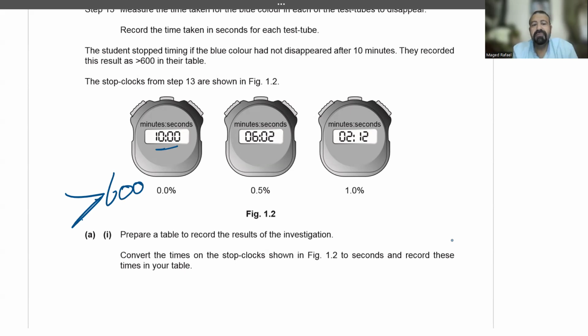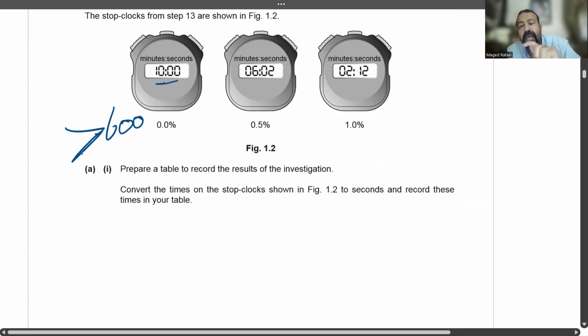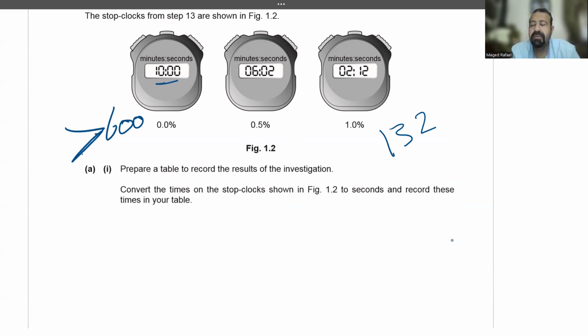So we will convert the time into seconds and we will draw the table. Could you please help me to convert the time into seconds? I think this one is easy. This one is 132 because 2 times 60, 120 plus 12, 132.